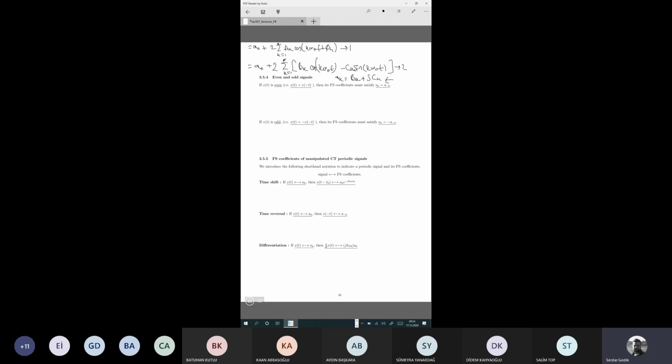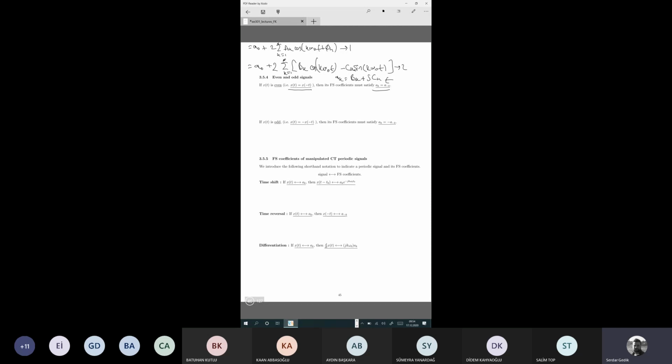The fourth property tells that if you have an even signal, note that even signals satisfy x of t equals x of minus t, then you can write its Fourier series coefficients as ak equal to a minus k.